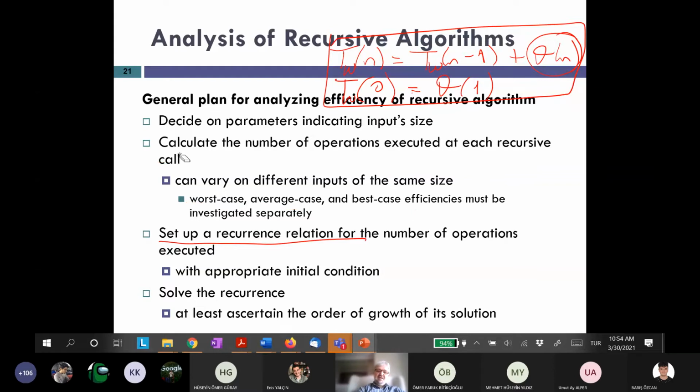So it may not be that easy to write this function, and in that case we have to go through worst case and best case usually, and average case sometimes. Okay, but what we get is a recurrence relation with appropriate initial condition. Initial condition should not be forgotten. You should put an initial condition as well. But this is a recurrence relation.